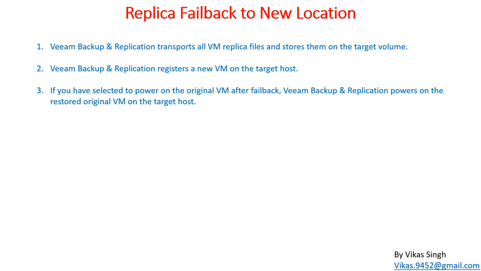And then we have replica failback to a new location. This is very simple. It has only 3 steps. Veeam Backup and Replication transports all the VM replica files stored in the replication path to the target volume, which we select during the failback creation, in the new location.